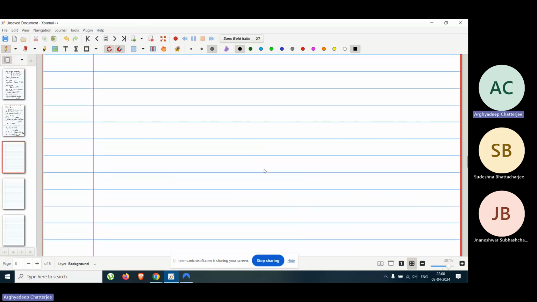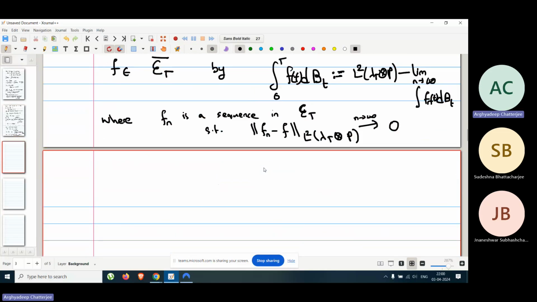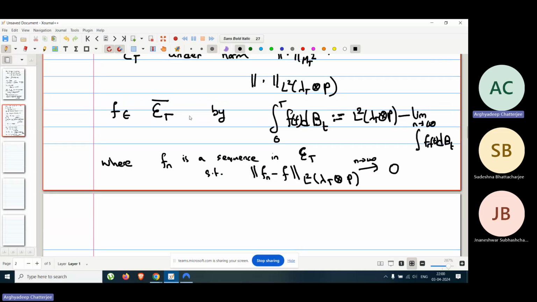So this will be our stochastic integral for this closure. And I'll come to what this closure actually is. It's actually very large, this closure, and it has something to do with the progressive measurable functions. I'll come to that point later.